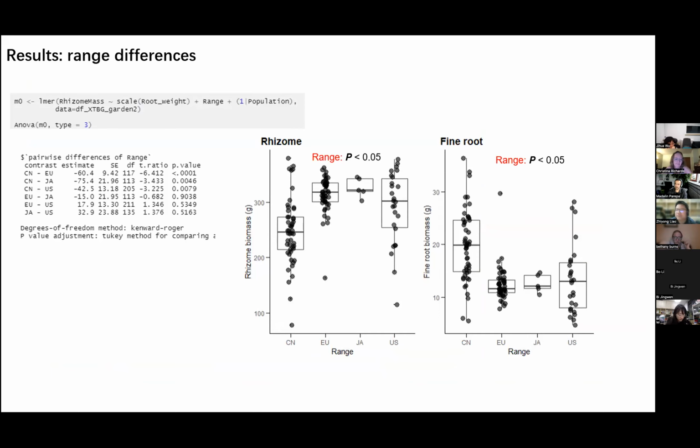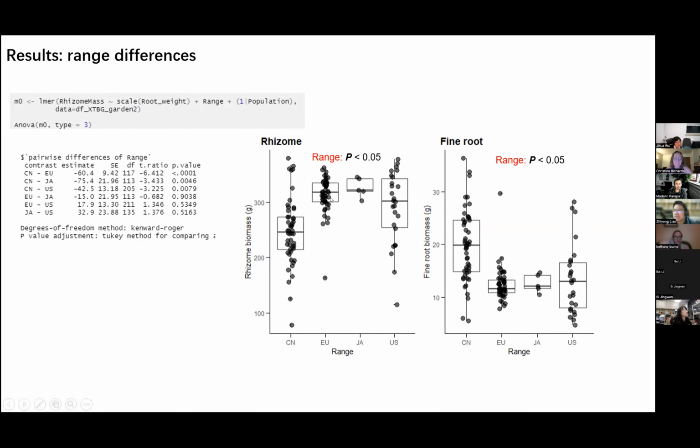So for the results, I only show you the very preliminary results, since I just had them an hour ago. I used a linear mixed effect model and put the initial rhizome weight as the covariate, with the range as a fixed effect and the population as a random effect.